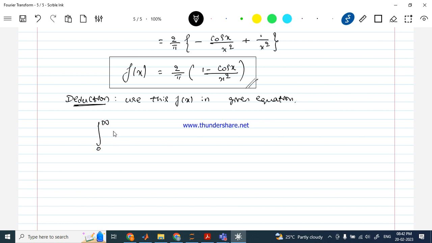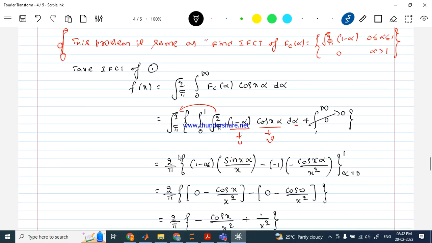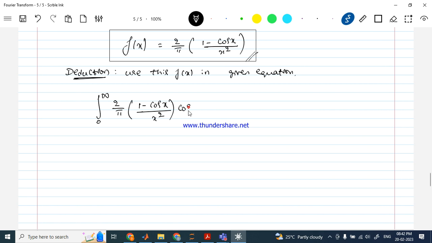Integration 0 to infinity, f of x is 2 by pi times 1 minus cos x by x square, into cos alpha x dx, that is equal to 1 minus alpha for 0 less than or equal to alpha less than or equal to 1, and 0 for alpha greater than 1.